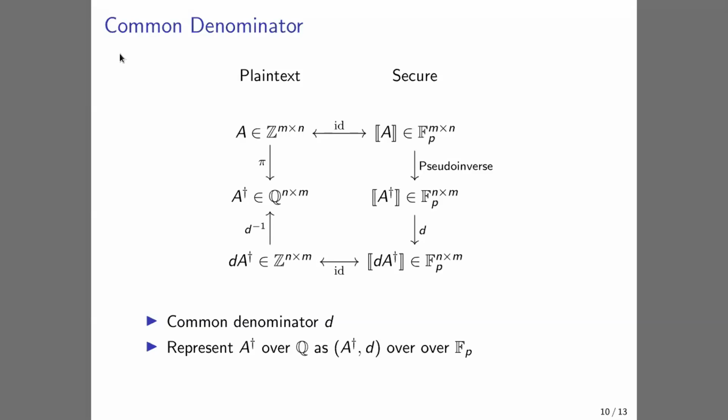But suddenly, this mapping between the rational numbers and the finite field is gone. So the way we can recover that is exactly by multiplying by this common denominator, so that we scale up the pseudo-inverse, and now the scaled up matrix is again a matrix over the integers. As long as your modulus is large enough, you can directly map those two onto each other. So that gives us a way of representing the pseudo-inverse over rational numbers in a finite field.